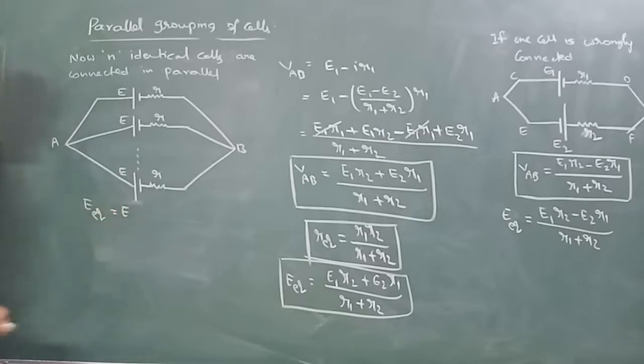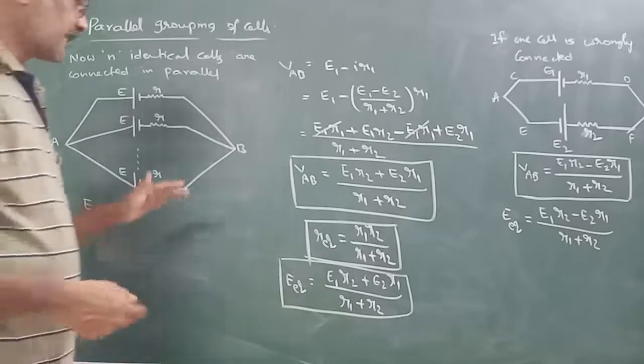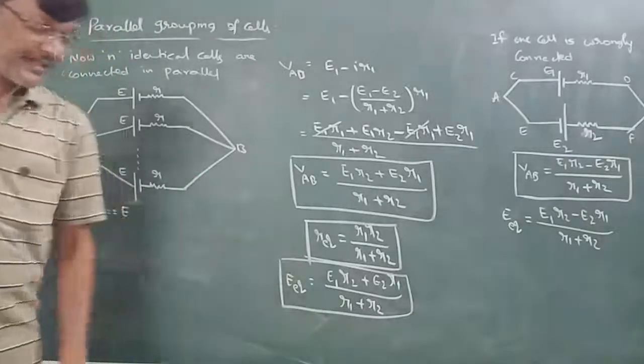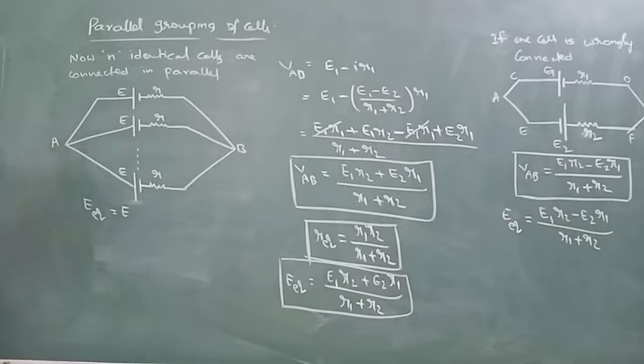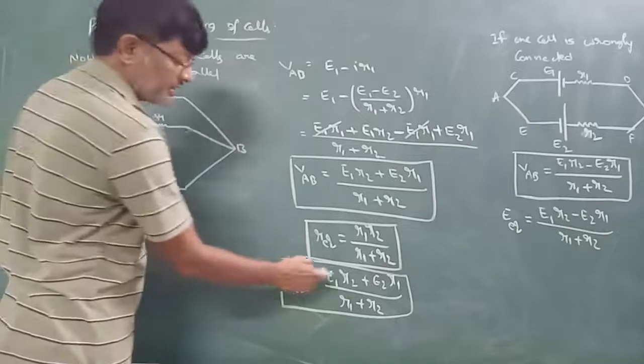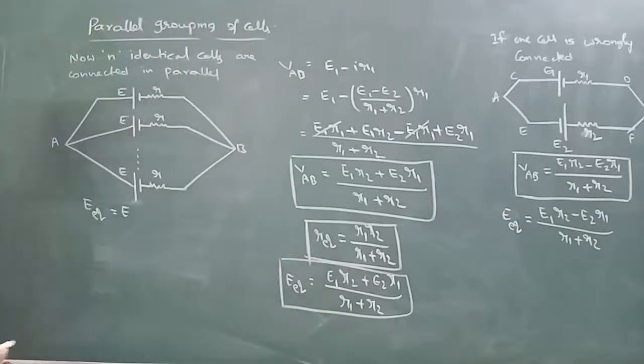E. We have seen that when two cells of different EMFs are connected in parallel, E equivalent is equal to E1 R2 plus E2 R1 by R1 plus R2. Substitute E1 is equal to E2 and R1 is equal to R2.